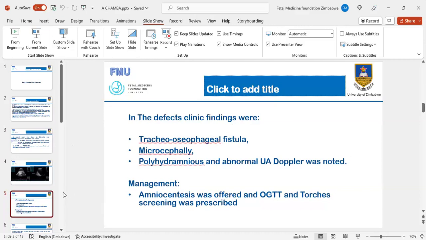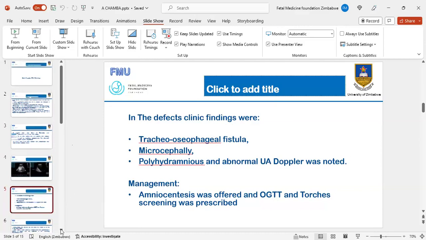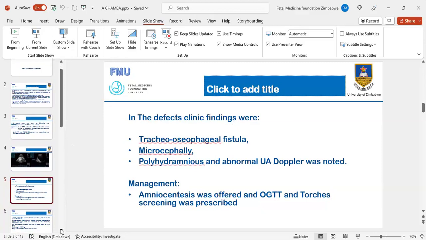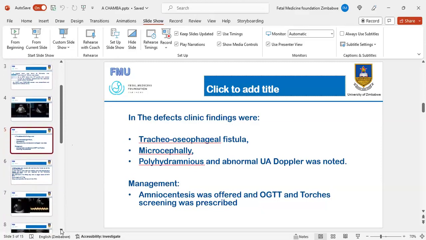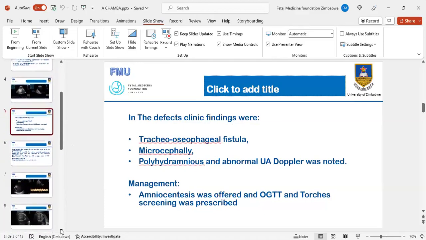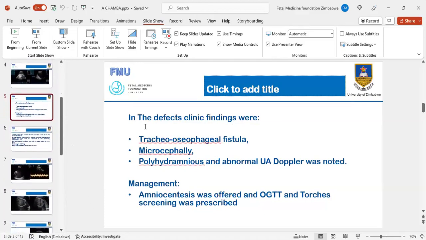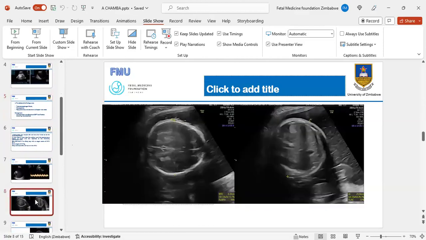Let me show you some of the images that were captured. There was microcephaly; we can see that the baby had a small head, with the head below the face.